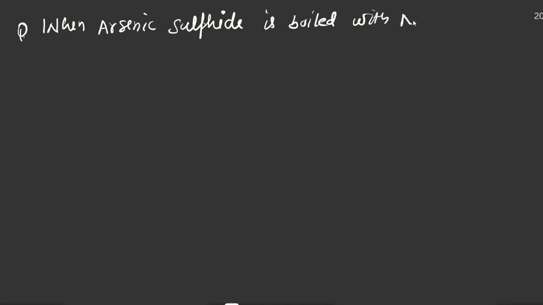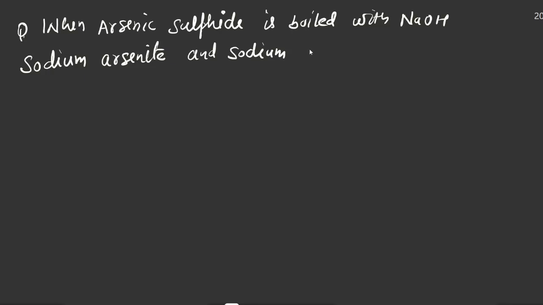Question is, when arsenic sulfide is boiled with NaOH, sodium arsenite and sodium thioarsenite are formed.